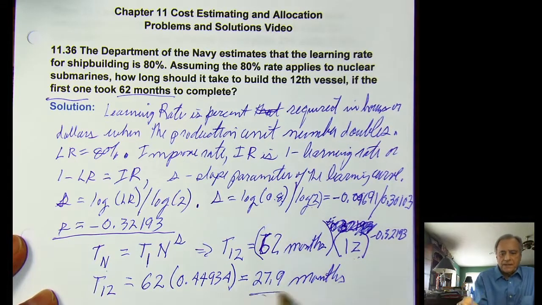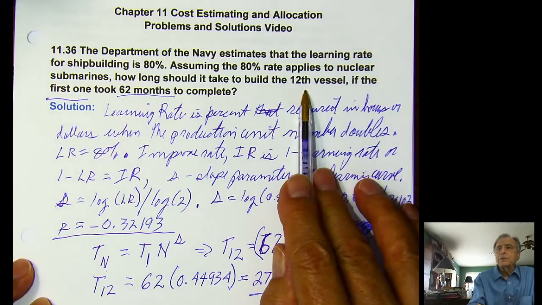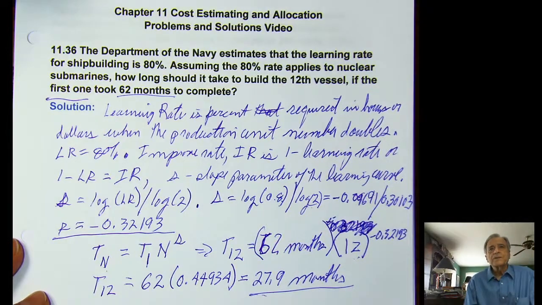So that's how long we expect it to take to produce unit number 12. I guess these are submarines, so they're pretty sophisticated products. So that is the solution to this particular problem.